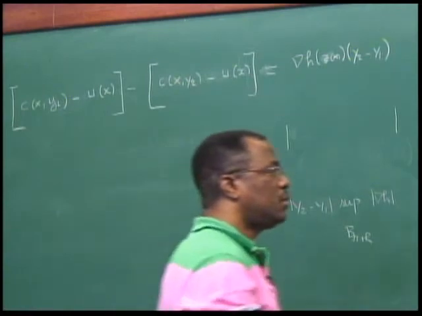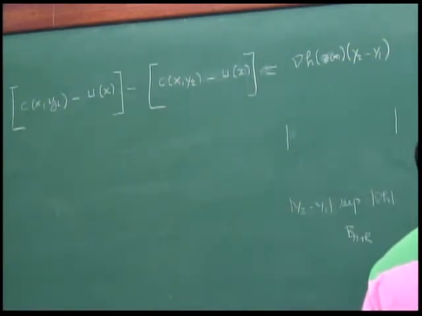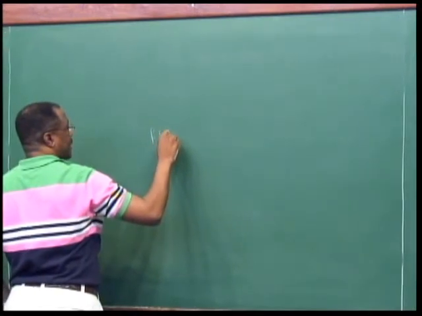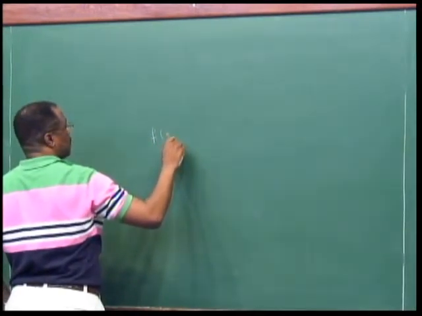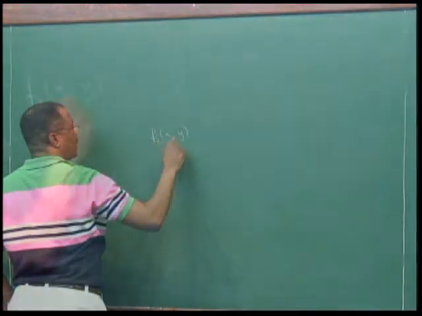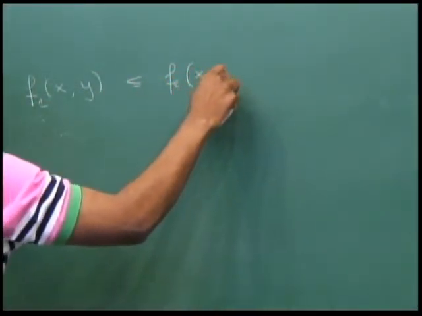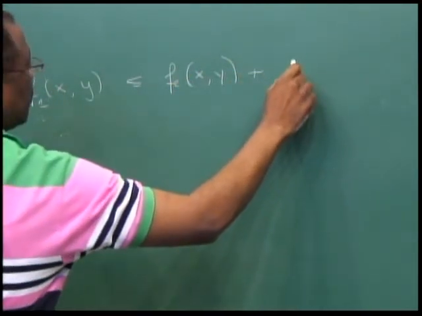So let me, I have f1 of x, y is less than f2 of x, y plus a certain constant.